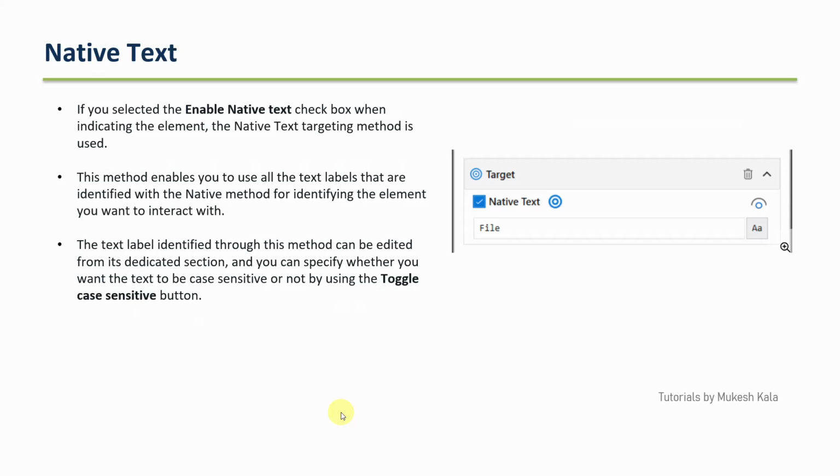So you want to use it when you are pretty much sure that you want to use the text, and when you use text, case becomes very important. And in the modern experience, you have the option to toggle case sensitivity on or off depending on your requirement. So you don't have to write automation code, regex, or string manipulation, any of that. All of it is available at just a matter of a click.